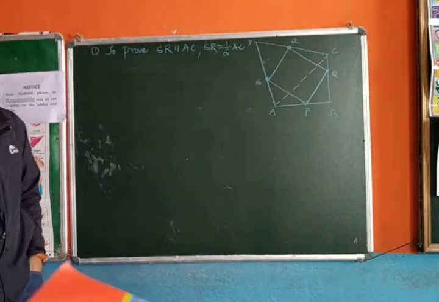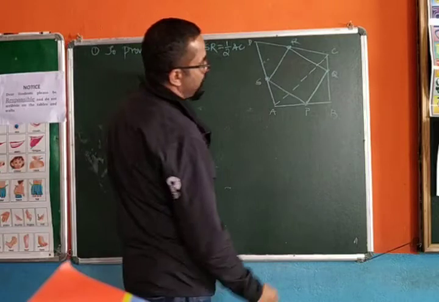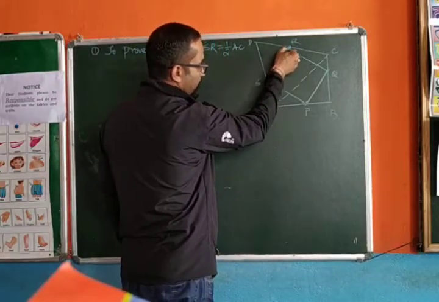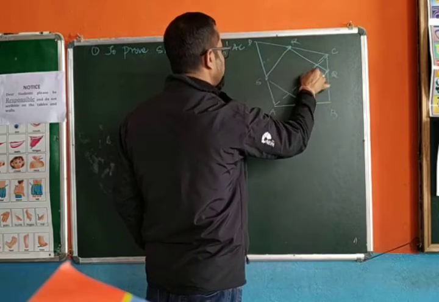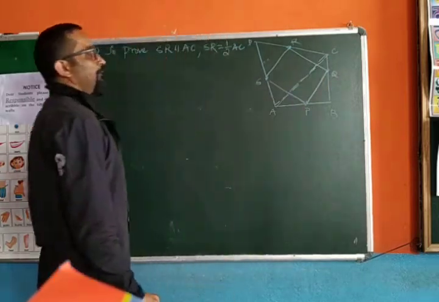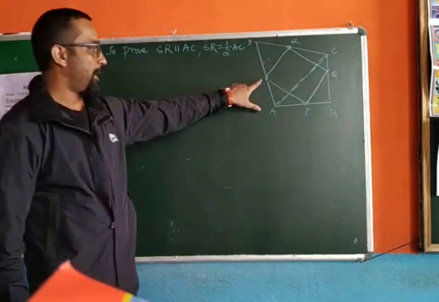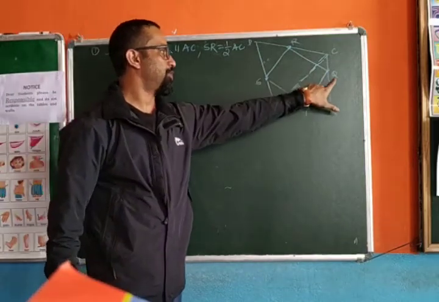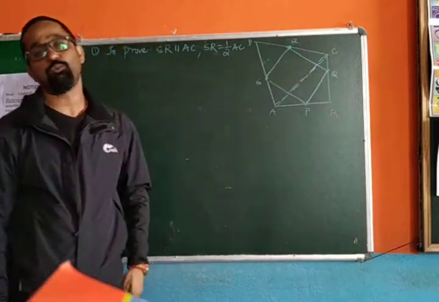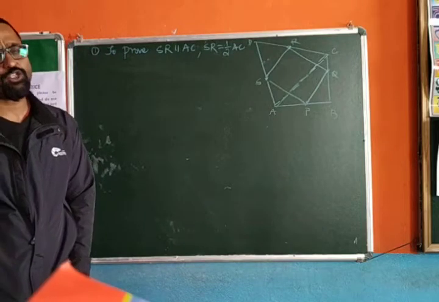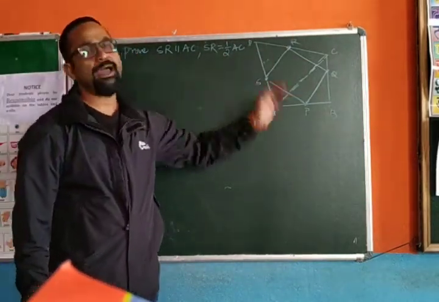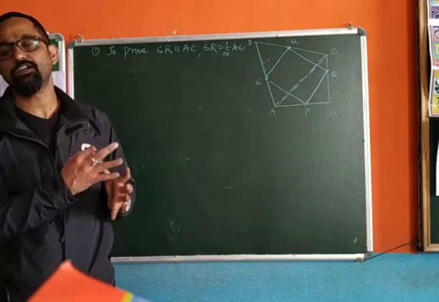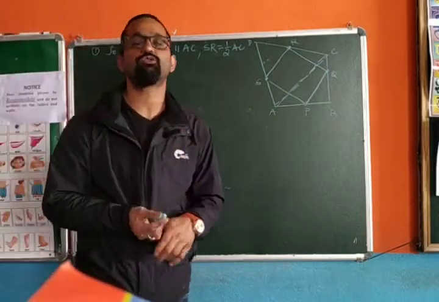It's not difficult if you look at the diagram carefully. S, P, Q, R are the midpoints. Since we are talking about triangles, from this quadrilateral we extract a triangle and then start the calculation.